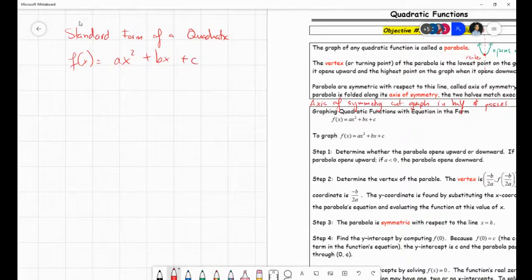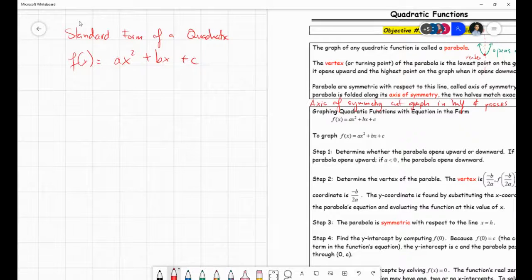So we're going to see this very often, okay? The a is going to go in front of the x squared, the b in front of the x, and the c is our constant. So anytime that we're going to write it in standard form to find a, b, and c, okay? A is always in front of the x squared, okay? So make sure that you be careful with that.